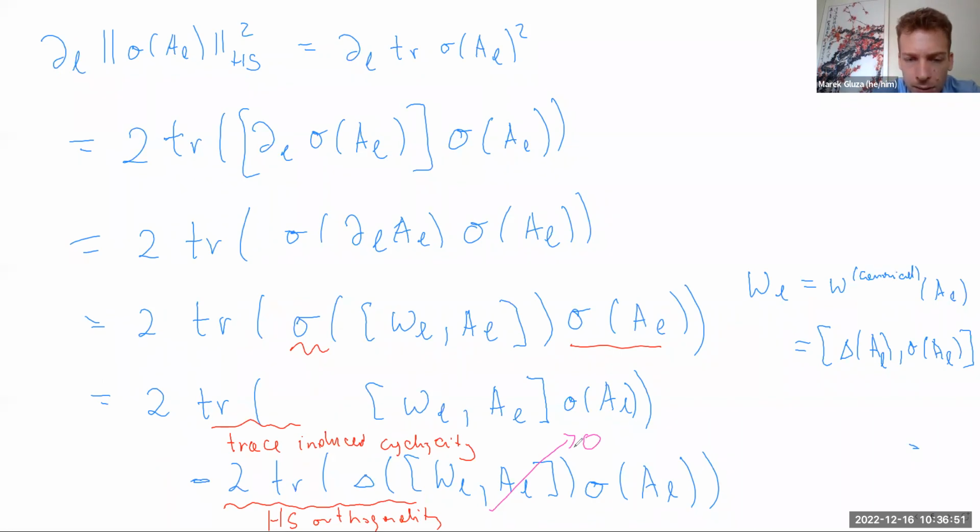And the next property is to use the trace cyclicity. So let's see how that will work. So let me consider a new color.